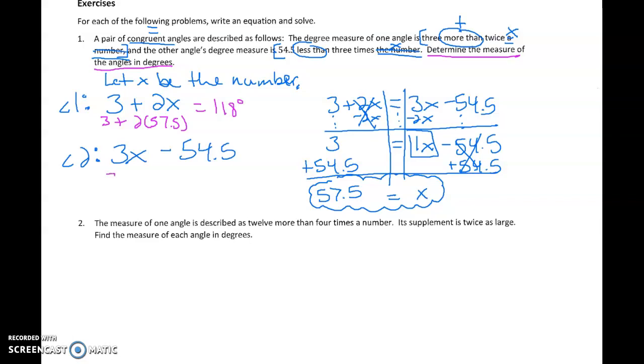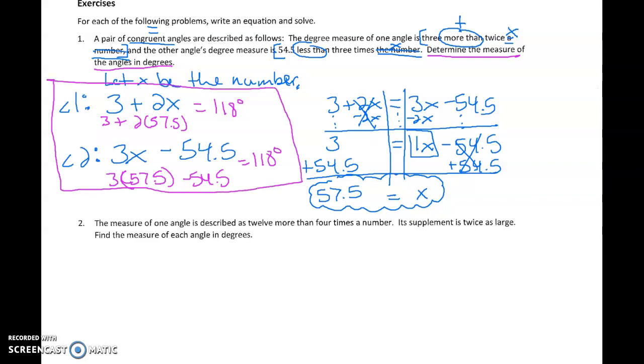The next one, 3 times x, which is 57.5, minus 54.5. If I type that into a calculator, I get 118 degrees. Hopefully that doesn't surprise us too much, because remember, we said at the beginning they were congruent, so they both needed to equal the same thing.